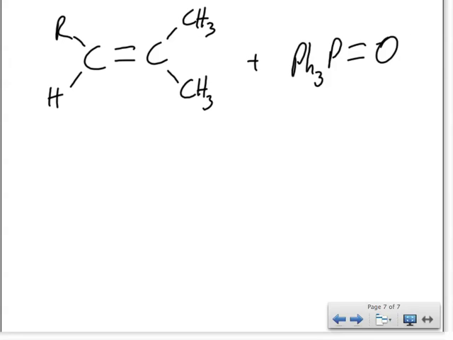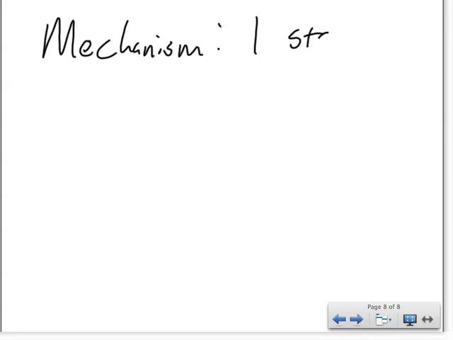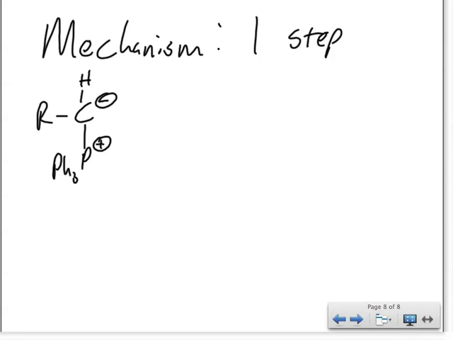We also can have a mechanism that goes through a one-step. The one-step would be, of course, considered concerted. If we look at the one-step mechanism, instead of having the carbon nucleophile react with the carbonyl in the first step and then waiting, we're going to get both sets of electrons moving at the same time.